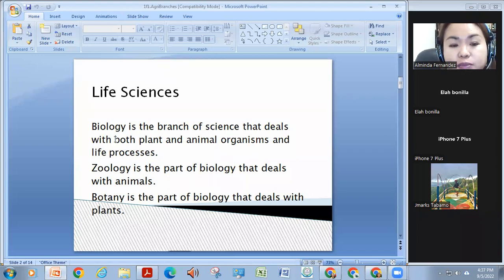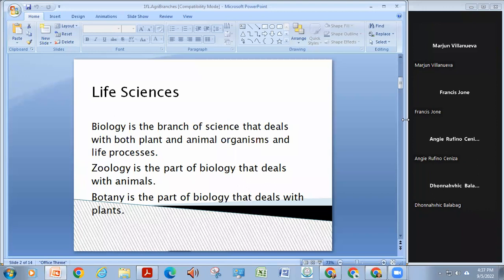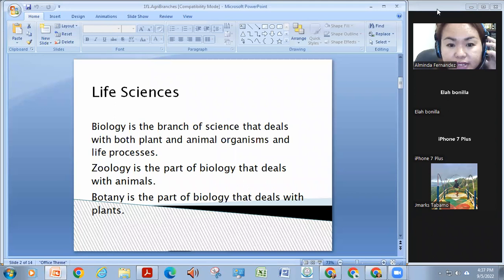It is where our study of interest belongs, like agriculture. So of course we know that biology is the study of, yes, Francis, the study of, it's a branch of science that deals with both plant and animal organisms, no, or the study of life.